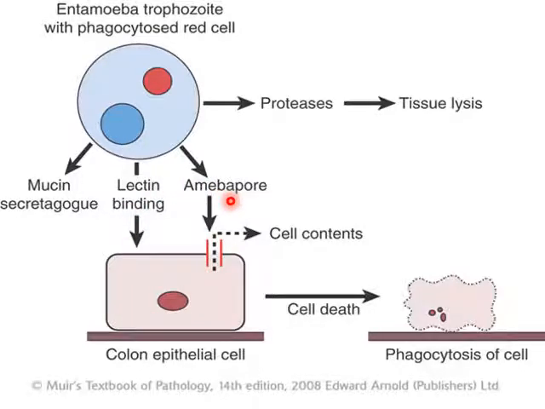It has also got amoebapore. This amoebapore forms pores on the target cell membrane, which causes the leakage of the cell contents and hence leads to cell death and phagocytosis of the cell. Also, it has got certain enzymes like proteases, which cause tissue lysis. These all actions together eventually lead to ulceration and destruction of the tissue of the colon.